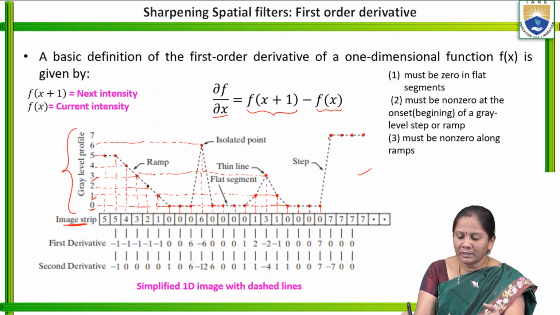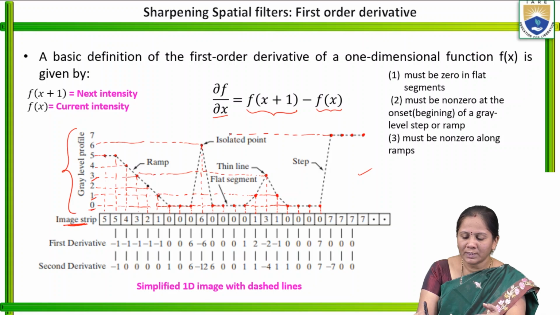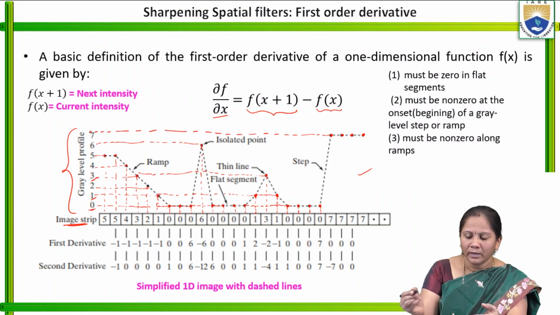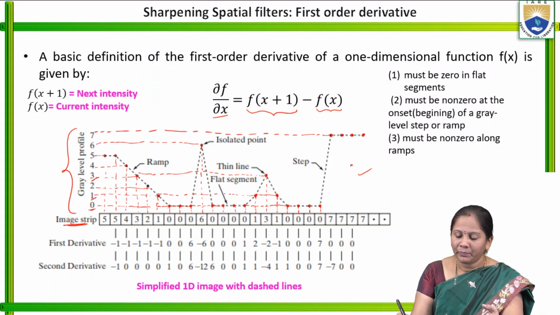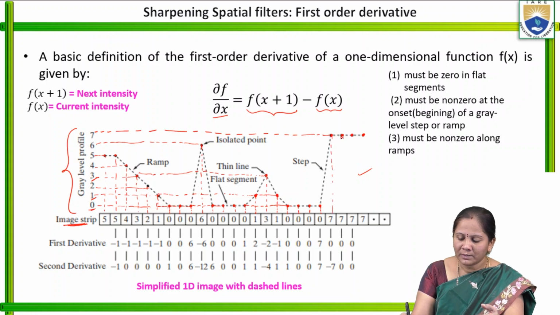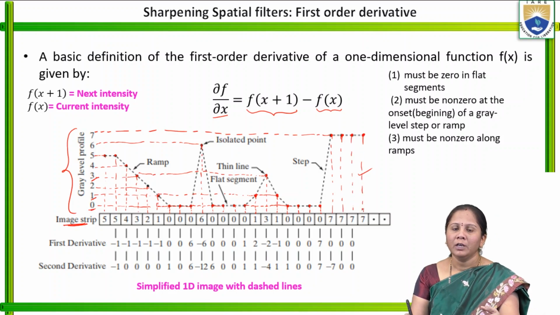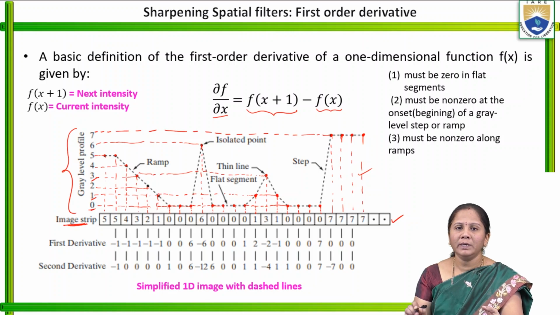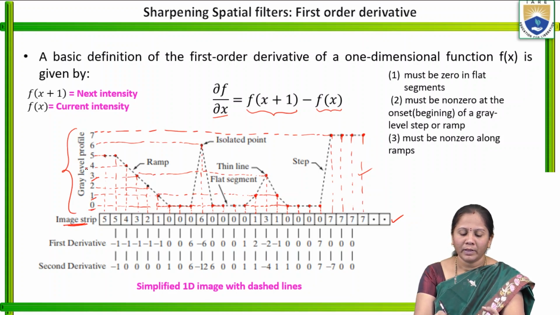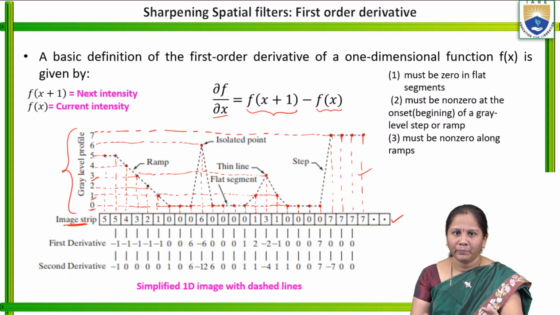So if we extend that onto the scale, it is equal to 7. So that's why here at all these points, the intensity level is equal to 7. So like this, the image strip will be recorded based on the intensity level and the gray level profile.